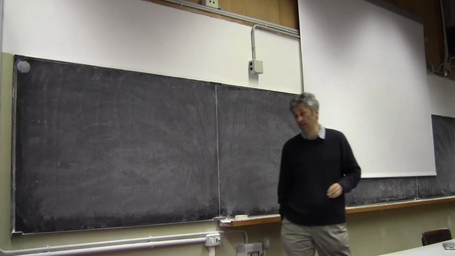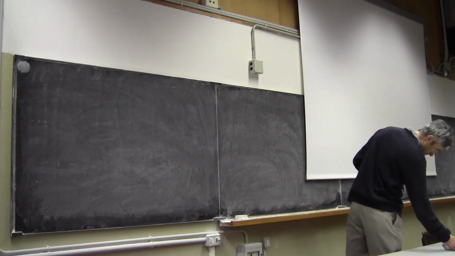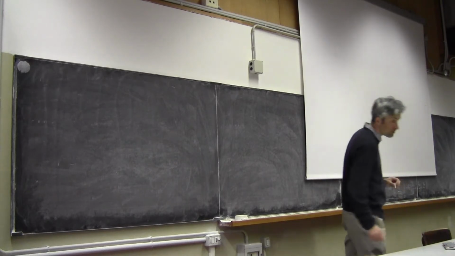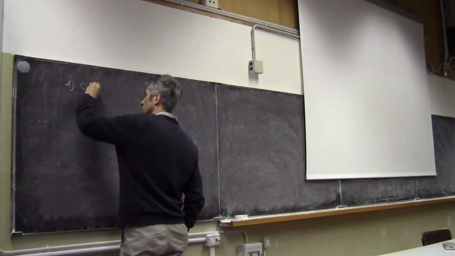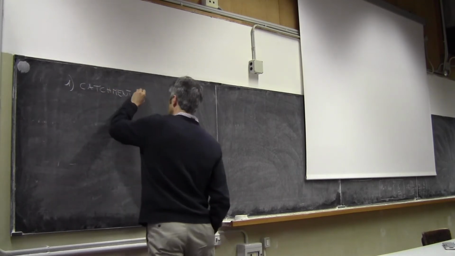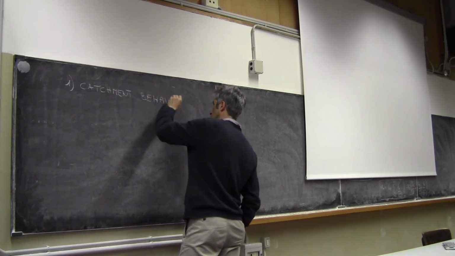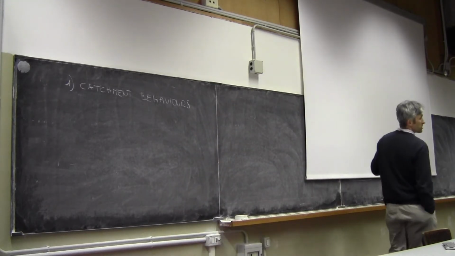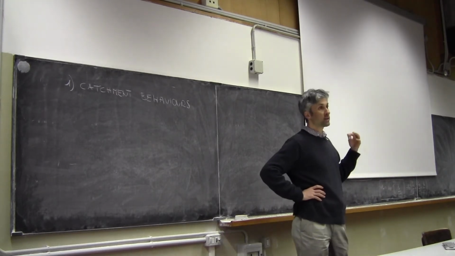Basically, as I said, we have different types of inputs, and inputs may include catchment behaviors, like catchment extension, like land use, vegetation cover, soil type.